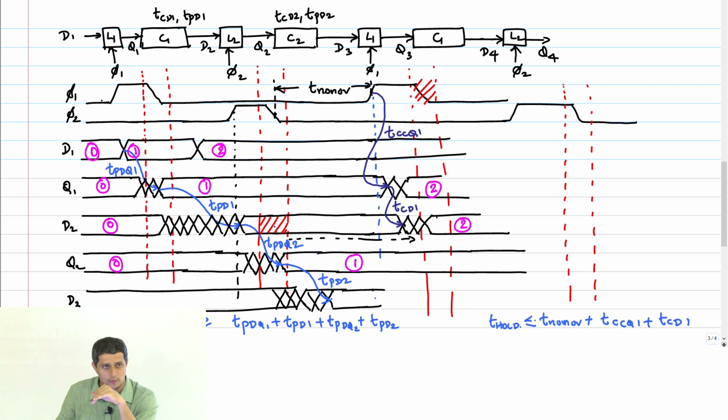So very quickly, tell me what happens now if there is skew. These edges can start moving, right? So first come to the max delay constraint. What happens if this edge moves a little bit? Is there a problem?